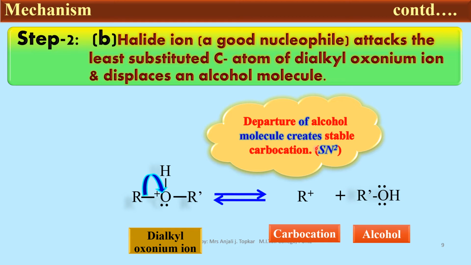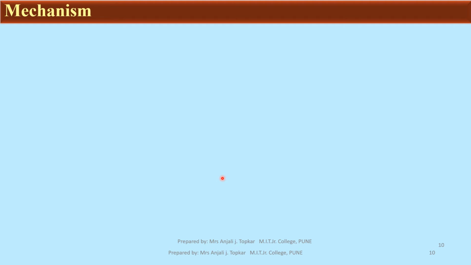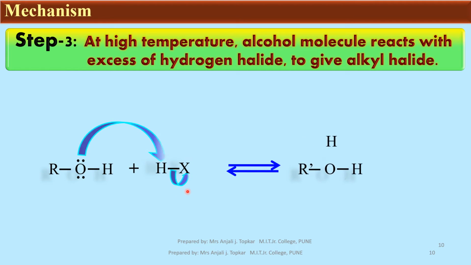In step 3, alcohol reacts with excess of hydrogen halide to give alkyl halide. Here this is an alcohol reacting with HX to give ROH and H, which is protonated alcohol, and halide is removed.